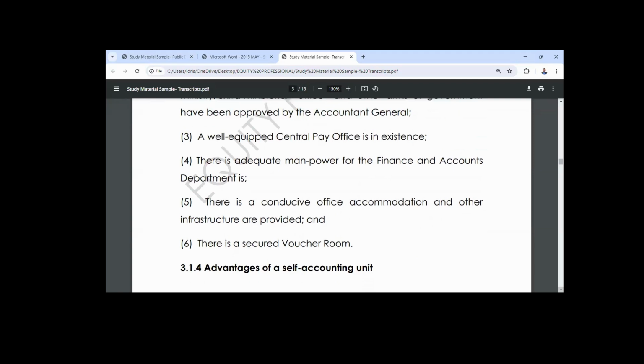Another one, they must have a conducive office accommodation and other infrastructure.